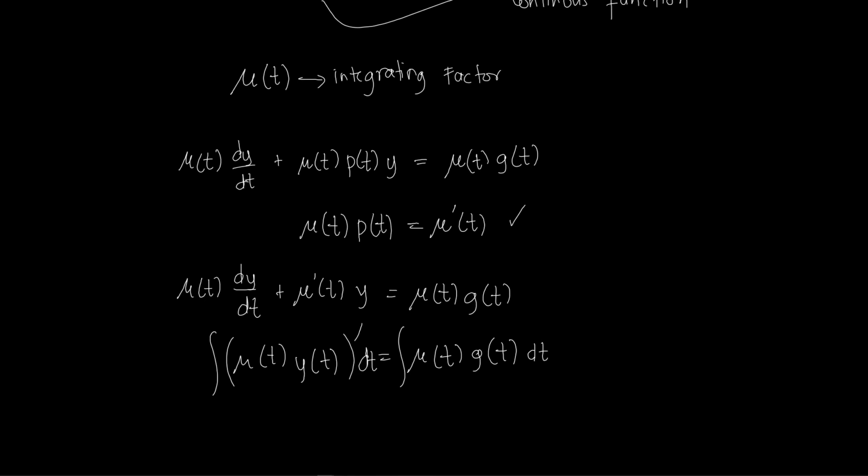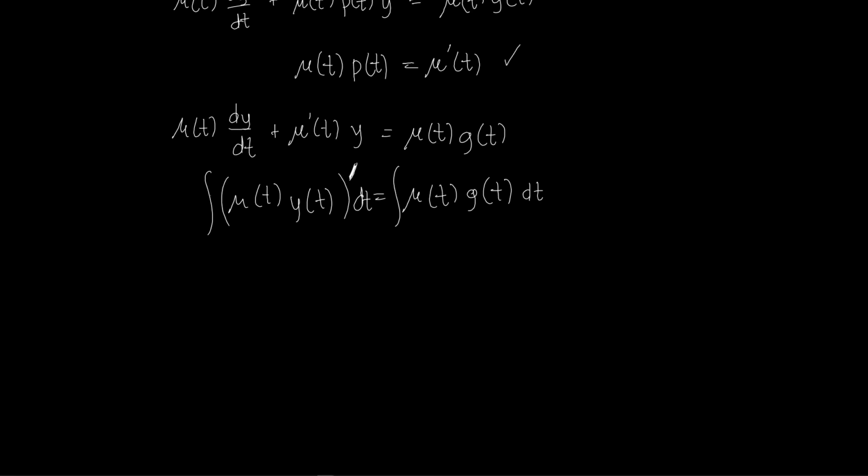The integral and the derivative cancel out, since they are inverse processes. So mu of t y of t, plus c, is equal to the integral of mu of t g of t dt.